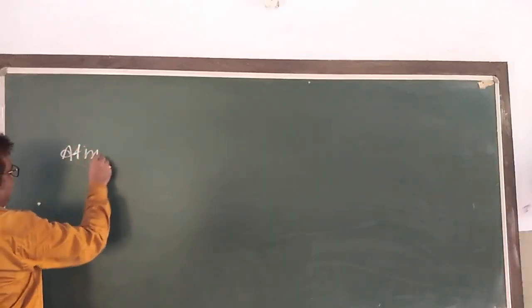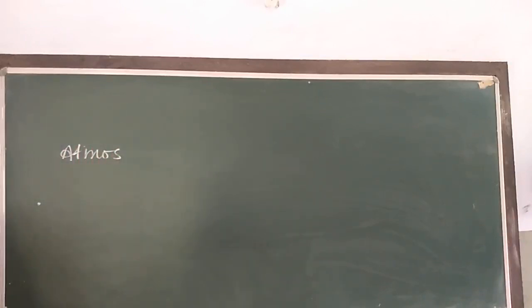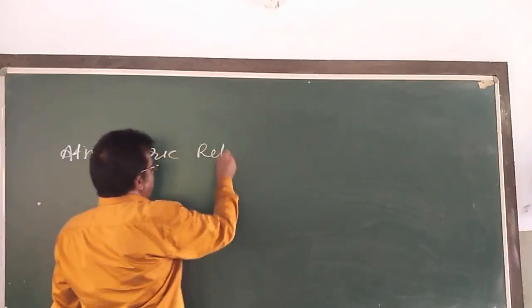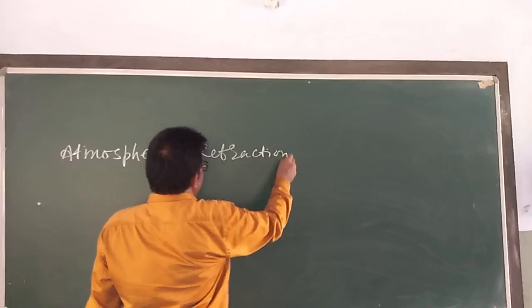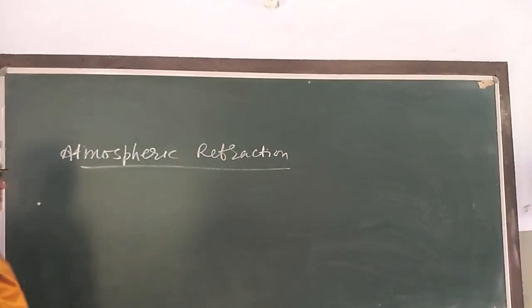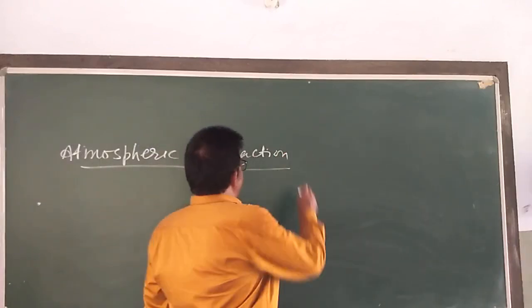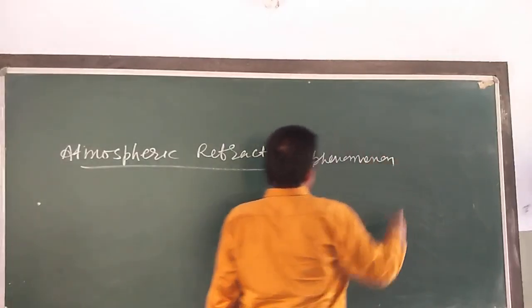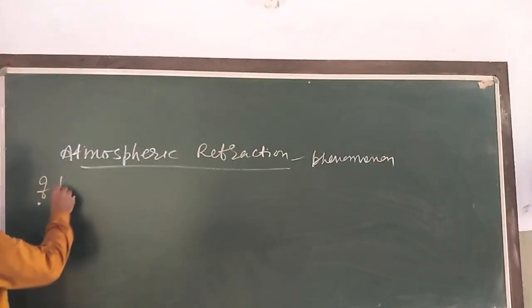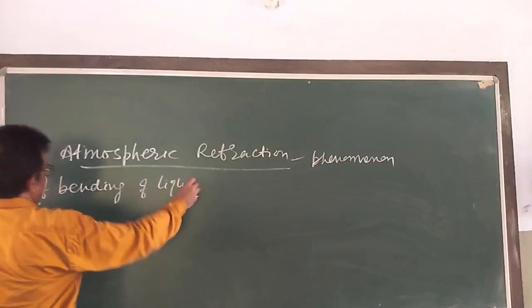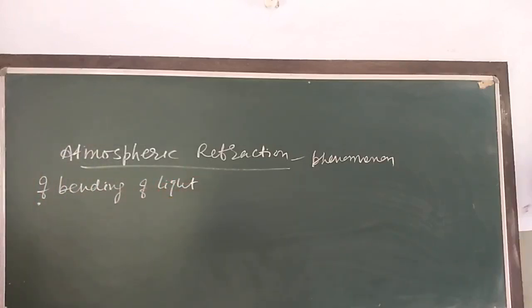Atmospheric refraction is the phenomenon of bending of light. It is a phenomenon of bending of light on passing through the earth's atmosphere.